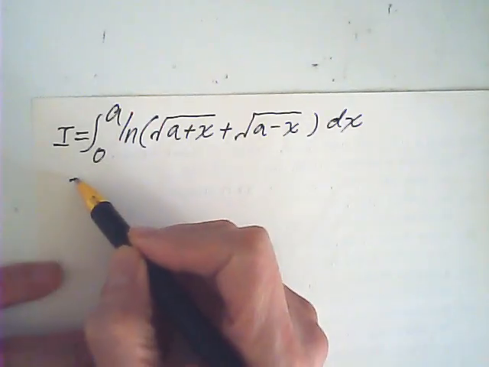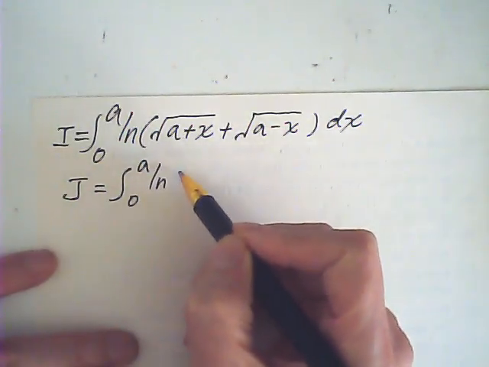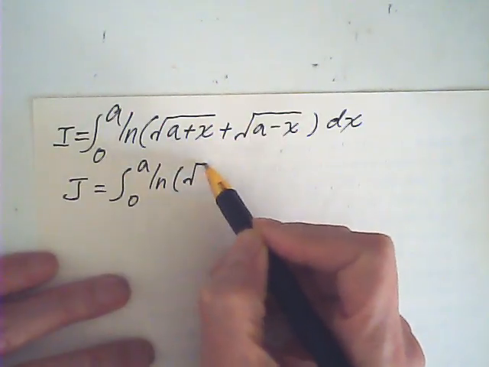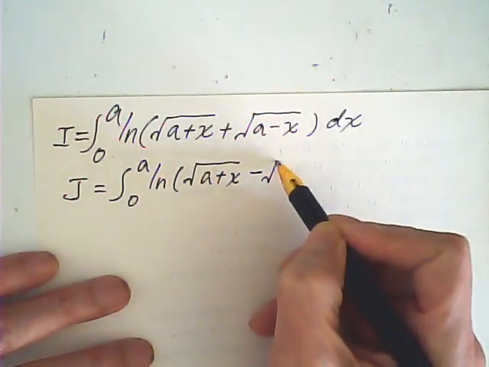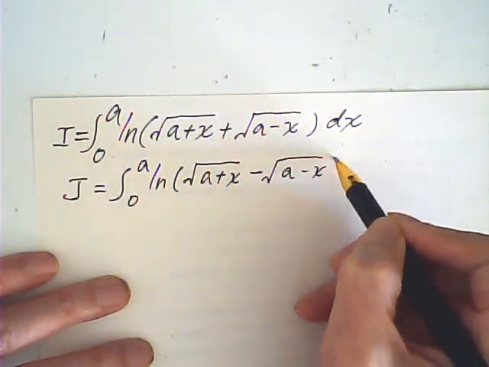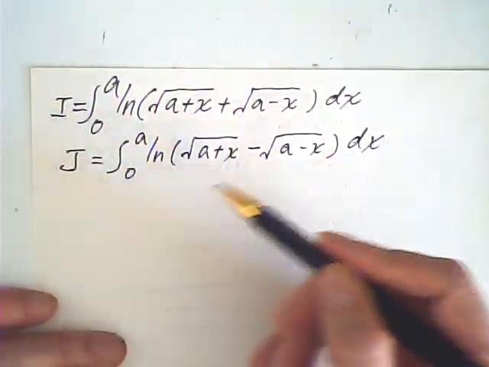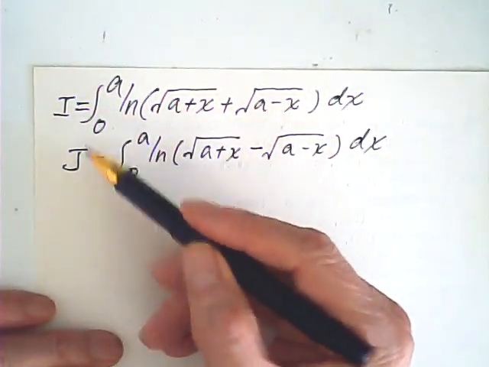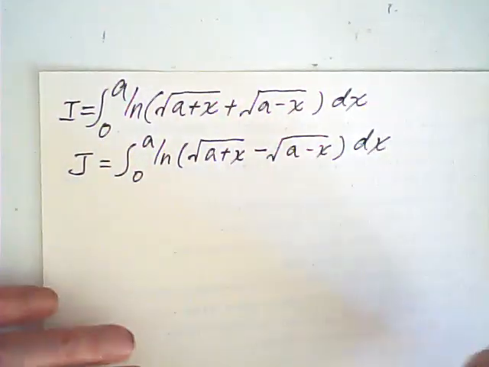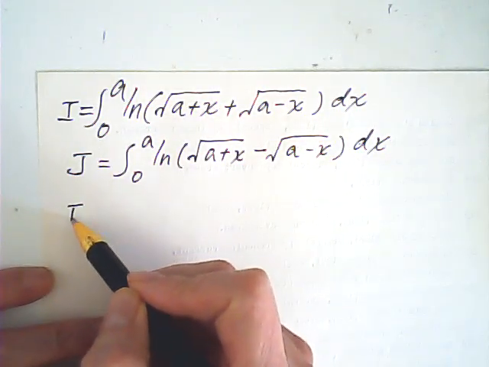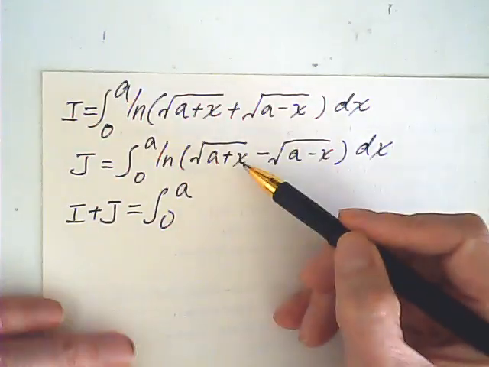I make another integral J, which is from 0 to a, natural log of (a plus x) over (a minus x). Obviously, I can combine I and J to create two simultaneous equations and then solve for I. I plus J will be equal to this plus this, right?